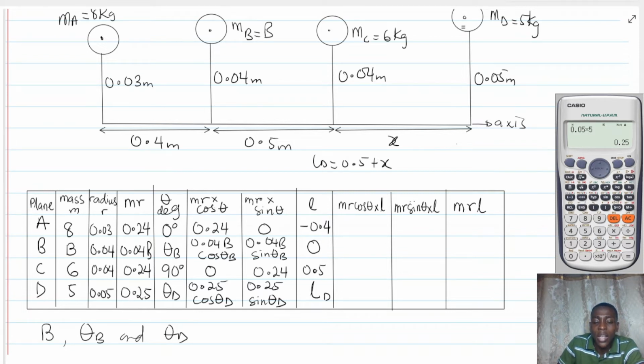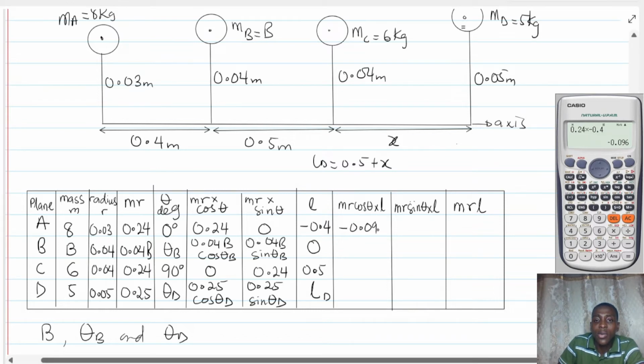Having done this, we will now take MR cos theta multiplied by L, and then MR sin theta multiplied by L. Let's do that quickly. I'll do 0.24, which is MR cos theta for the first mass, multiplied by minus 0.4. So 0.24 multiplied by this, I'm going to get minus 0.096.